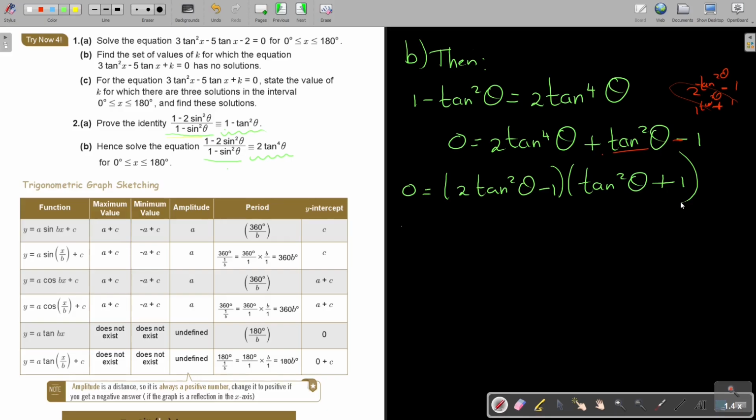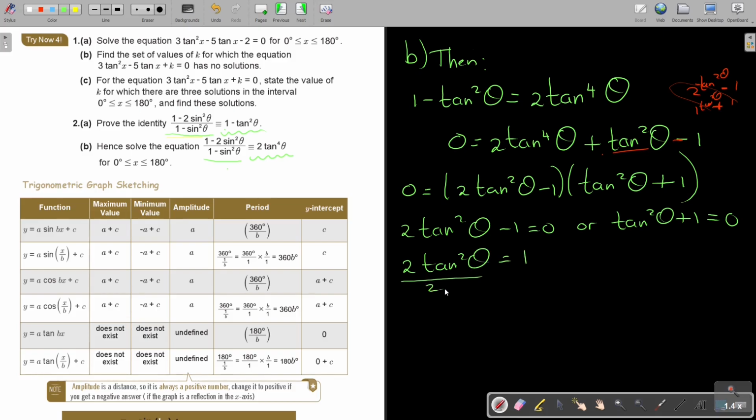Then I say 2 tan square theta minus 1 equals 0, or tan square theta plus 1 equals 0. So 2 tan square theta is equal to 1. I divide by 2, I divide by 2. So tan square theta is equal to a half.